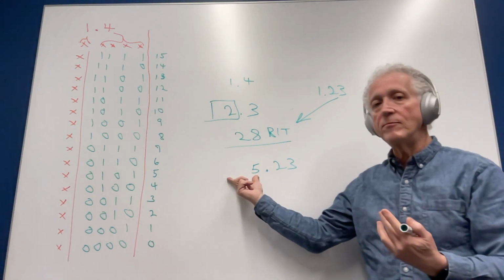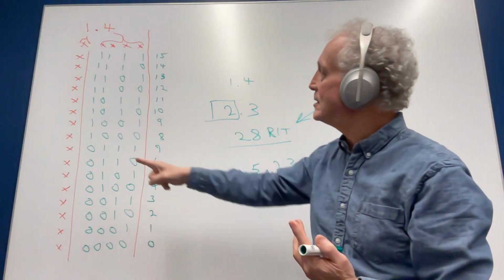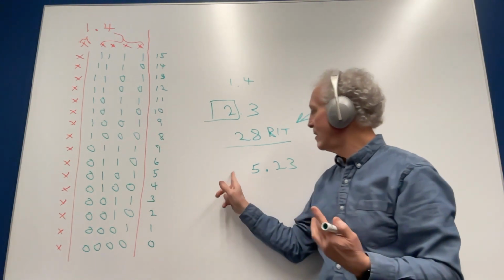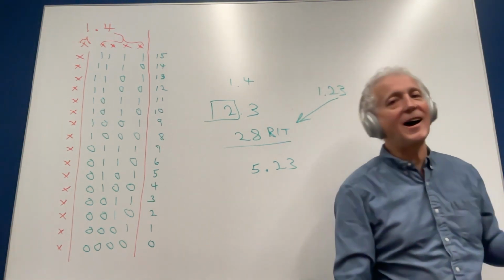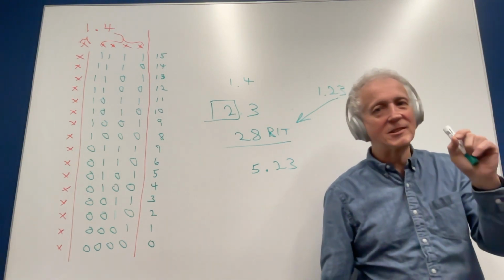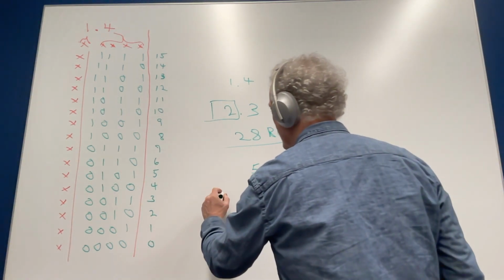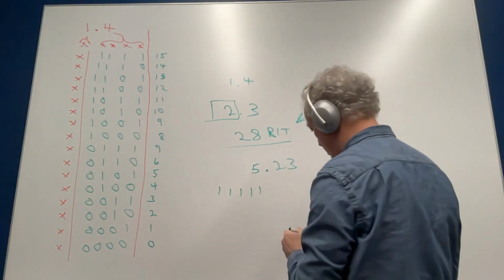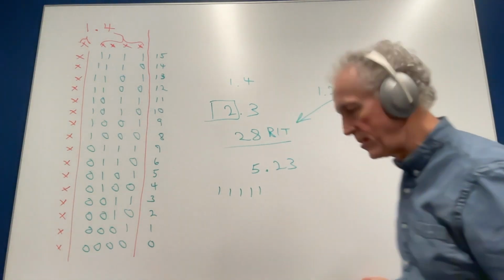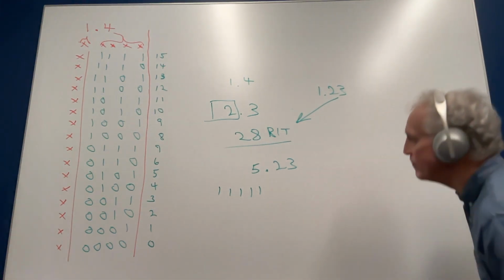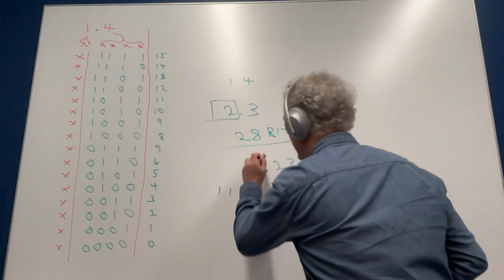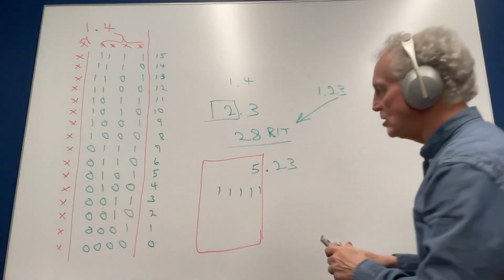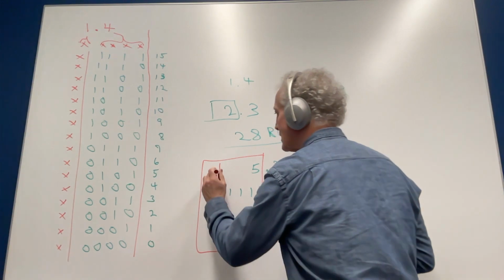But we have 5 bits. What does that mean? Considering that the top one is a sign bit, you can't use the sign bit. That means we have 1, 2, 3, 4, 5 bits as the whole number portion. I want to show the whole number portion in red here. So we have 5 bits for the whole number portion, but this is the sign bit.